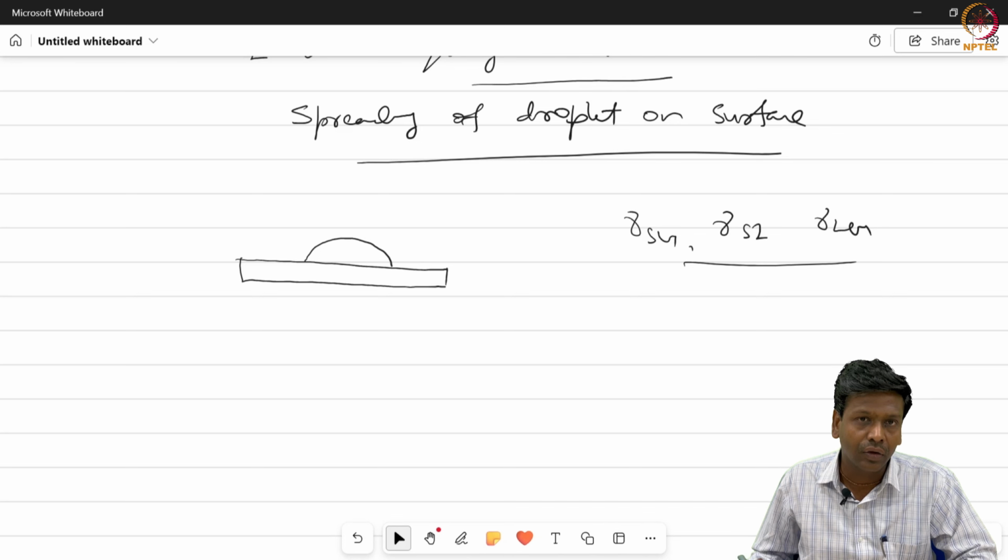In this case, you want the surface to be more hydrophilic in nature, based on which you will design the formulation, so the liquid will spread on the surface.